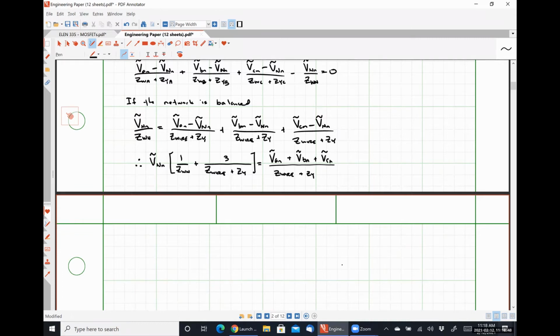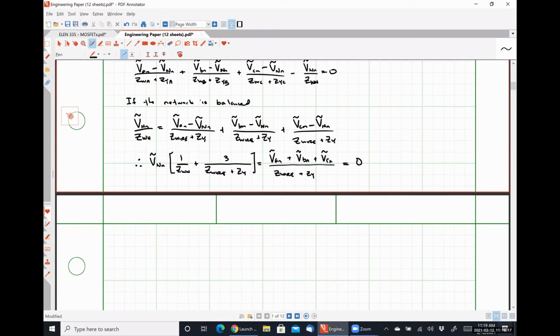Makes perfect sense. So what that means is that I have 0 in my numerator right here, right? What does this imply? VAN plus VBN plus VCN equals 0 because my source is balanced. But that means the left-hand side of this is also 0.